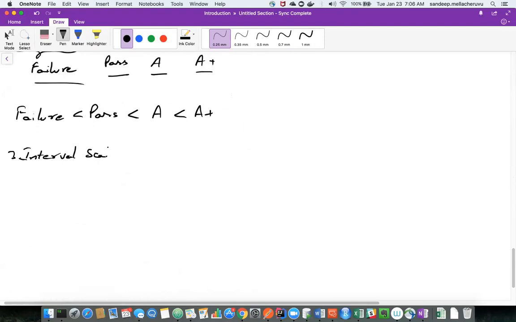Interval scale. This is where you first see that the difference is also meaningful. First thing is ranking is possible.